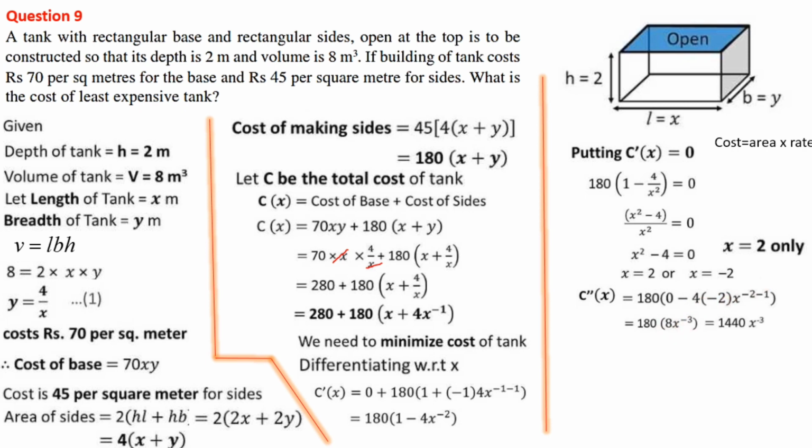That means 1440 x power minus 3, which in the denominator is x cube. We only have to calculate C double dash at 2, because our critical point is 2. So 1440 divided by 2 cube is clearly greater than 0. Since it is greater than 0, C is minimum at x equal to 2.